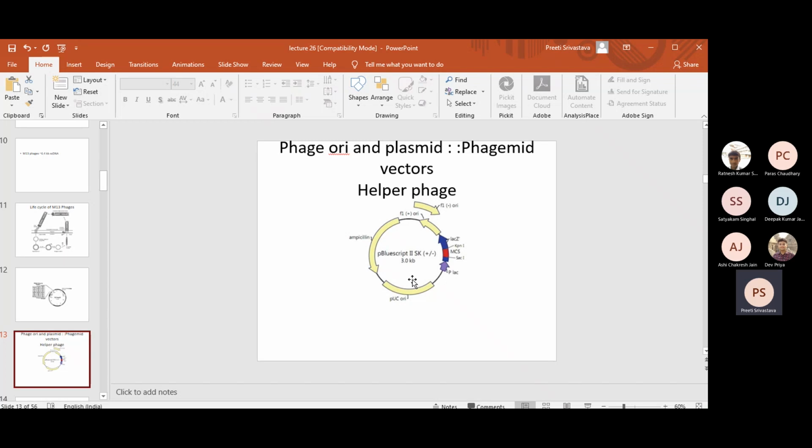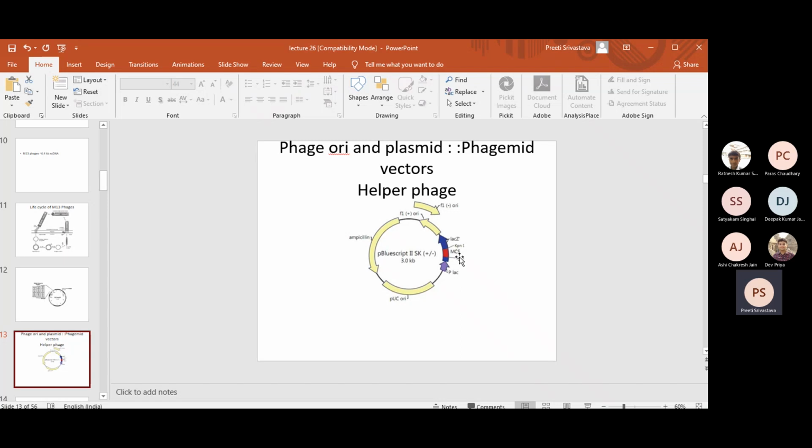So it will start packaging this plasmid DNA, which contains the desired amplicon cloned at the multiple cloning site. As a result, virions will be created which contain this pBluescript II DNA containing the clone. These virions will be released in the medium.